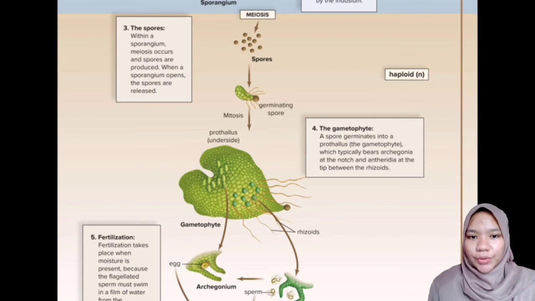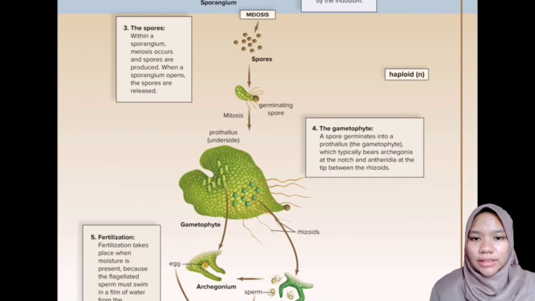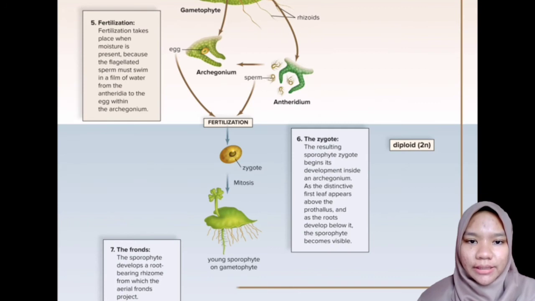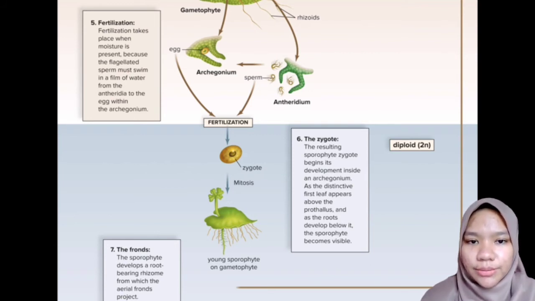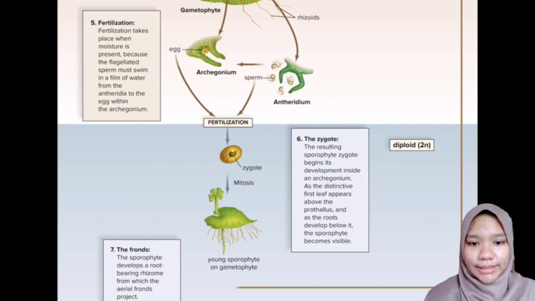The wind-blown spores disperse, land, and germinate into the gametophyte, the generation that lacks vascular tissue. The separate heart-shaped gametophyte produces flagellated sperm which swim in the film of water from the antheridium to the egg within the archegonium where fertilization occurs.